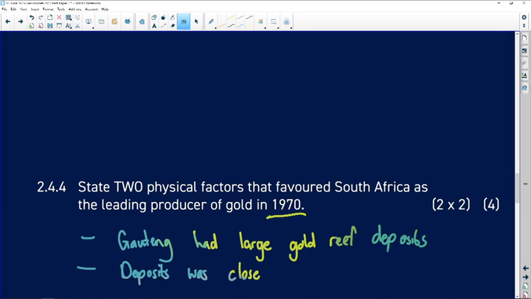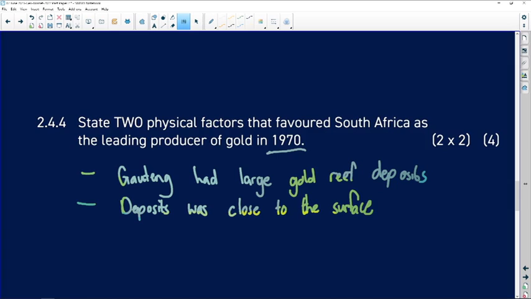So it made it cheaper to mine. And lastly, these gold reserves were of a high quality.